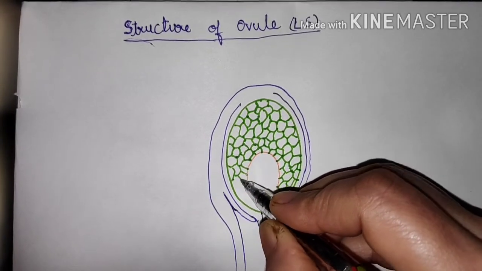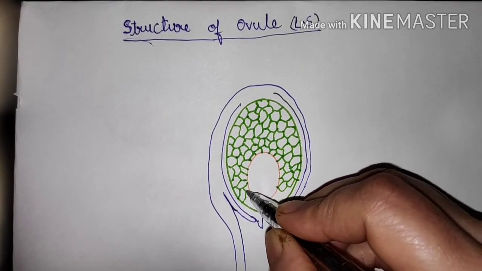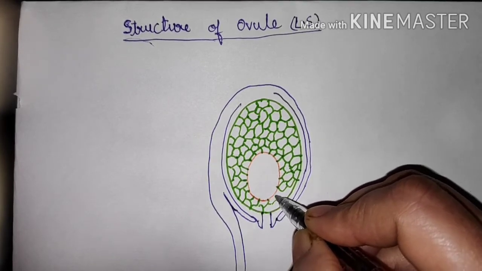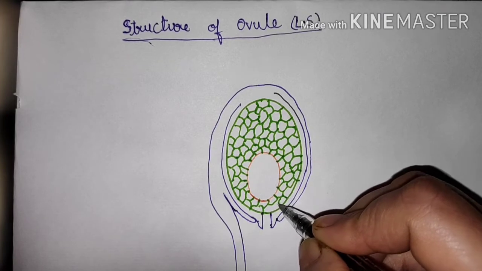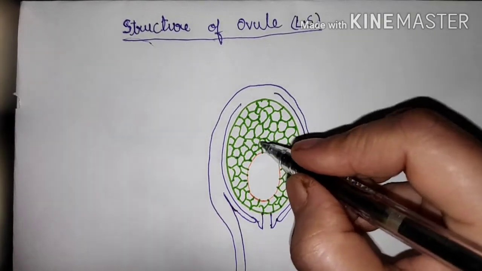I'm using different colors just to emphasize on the different parts of the ovule, so that you people should be able to distinguish which is nucellus and which is integument.